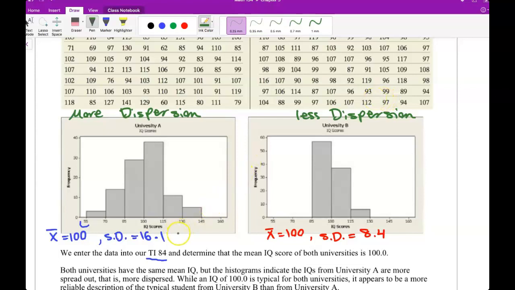So this one has a higher standard deviation. And also we said the mean is 100, so this one here is the mean, same thing for this part, that is the mean.